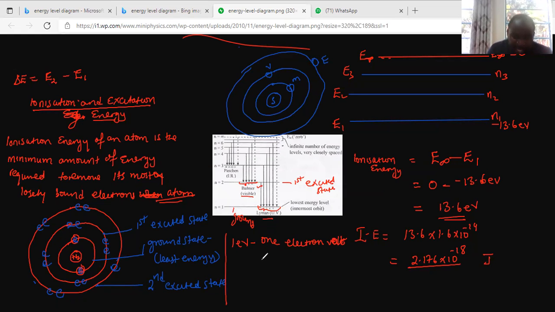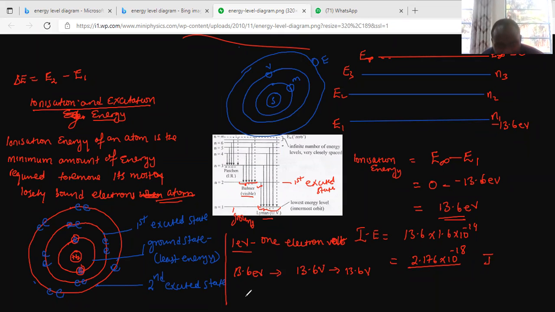Because this is 1 eV, when you have 13.6 eV, it is the same as saying this electron has moved through 13.6 volts, which becomes 13.6 potential.